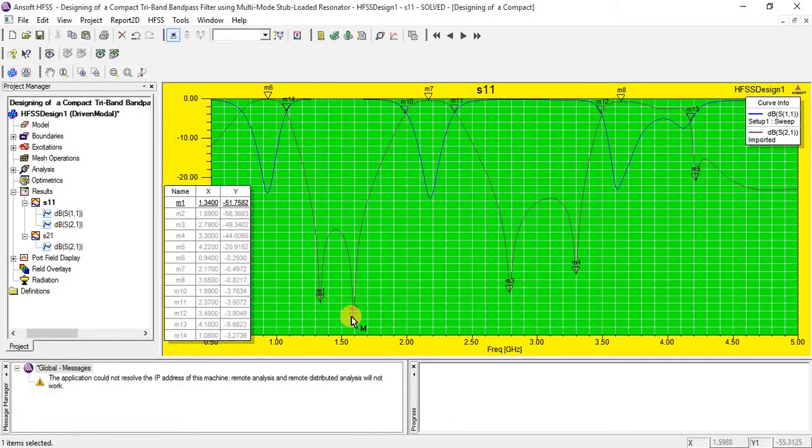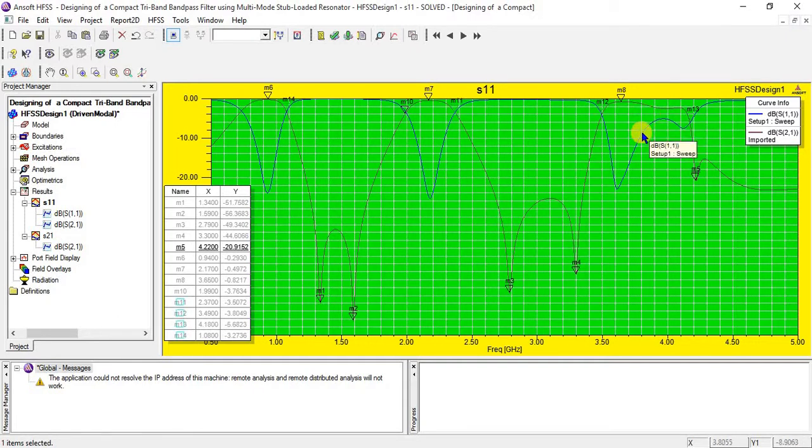Similarly, this is the second transmission zero, created at the start of the second passband, and this is the third transmission zero, created at the end of the second passband. Here, this is the fourth transmission zero, created at the start of the third passband. This is the fifth transmission zero, created at the end of the third passband.